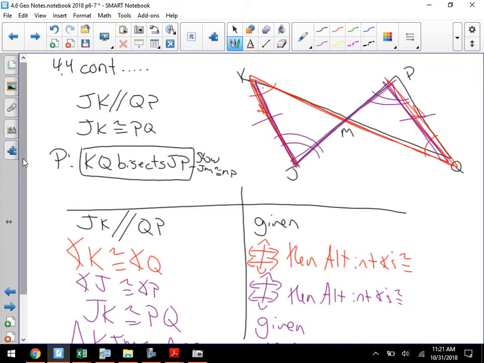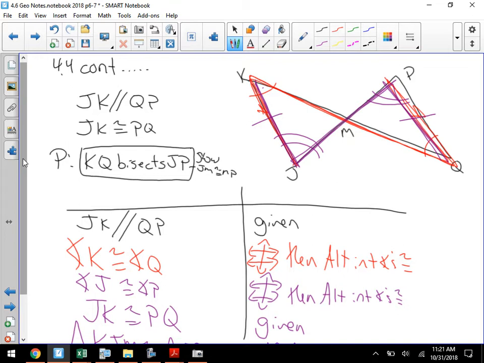The part we added yesterday was the whole corresponding parts of congruent triangles congruent, that CPCTC thing. What were you saying? I can't say that yet. In order to say that it bisects it, I'd have to figure out what segments have to be congruent to each other.